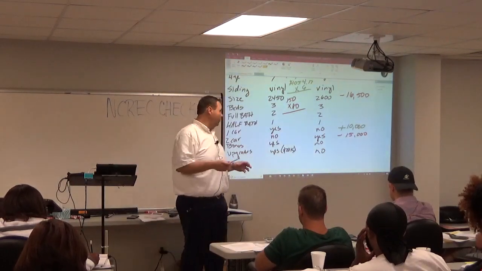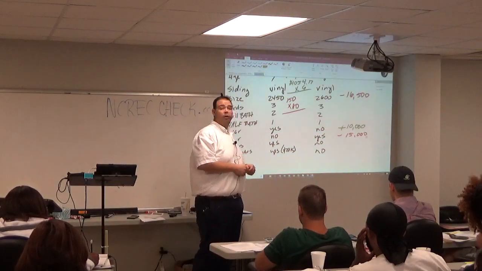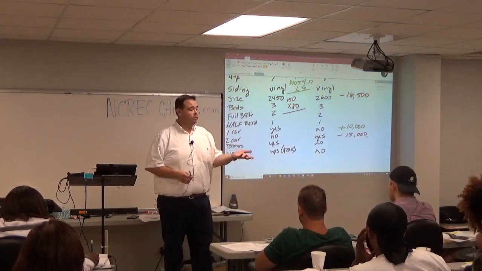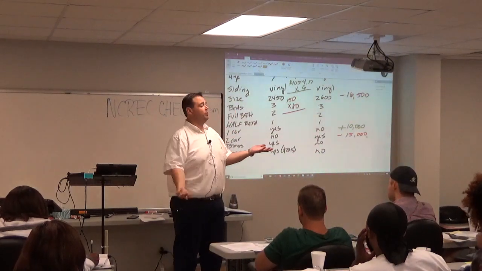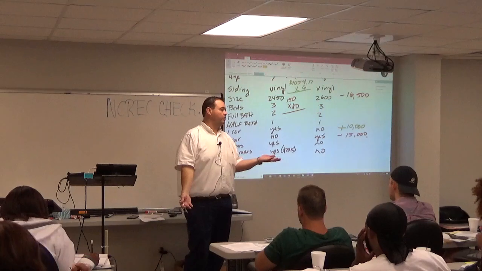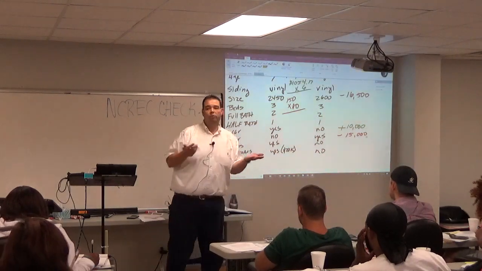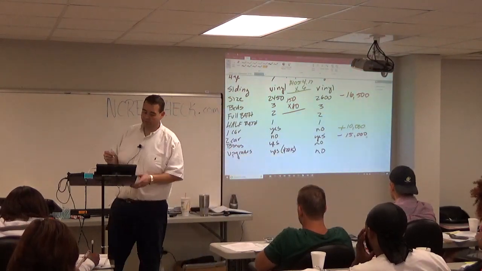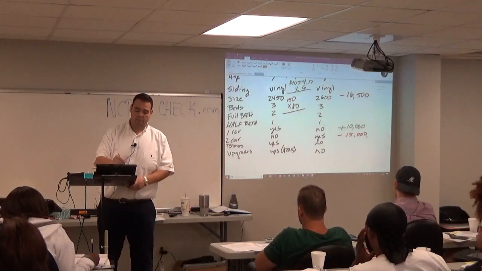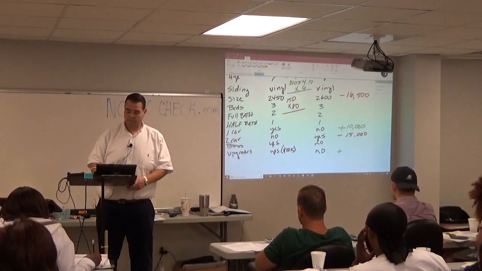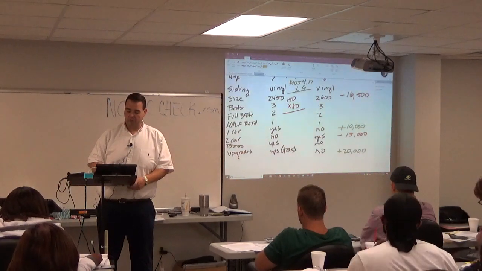Nope. So we move on with our lives. Upgrades. Subject is upgraded, comp is not. Which way do I need to adjust? Up. And what's the value of the upgrades? $20,000. So that's plus $20,000.